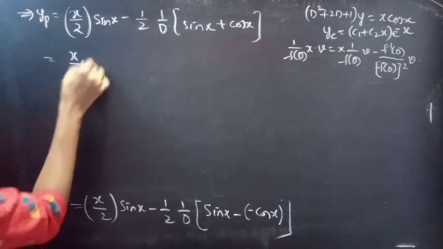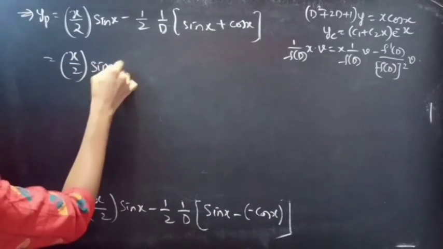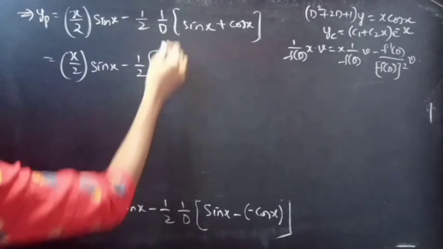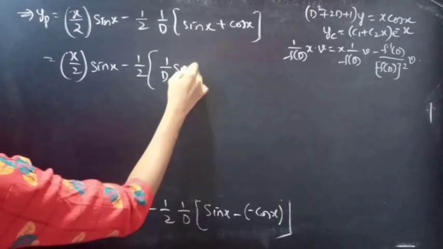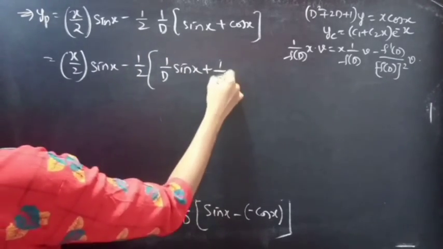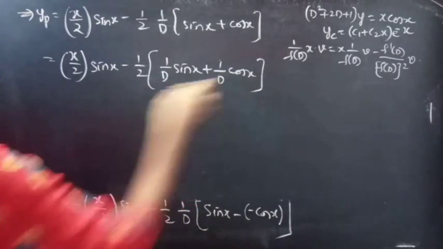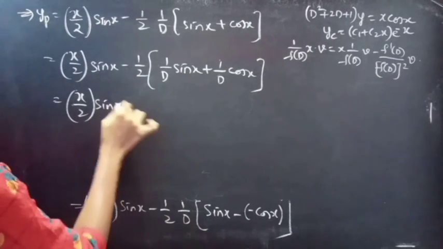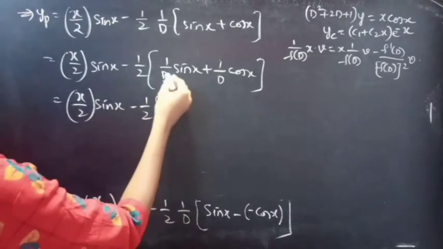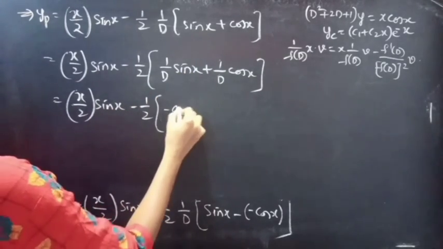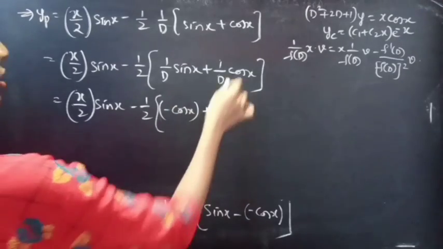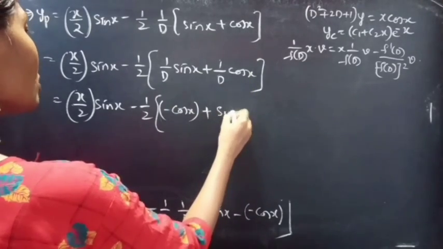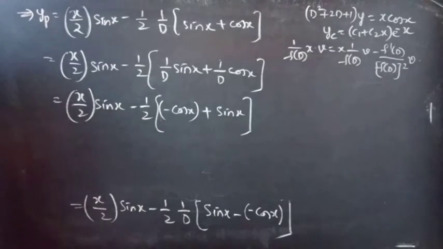Now operate 1 by d. We'll get x by 2 sin x minus 1 by 2 into 1 by d sin x plus 1 by d cos x. We know that 1 by d is an integral operator. Then we'll get minus 1 by 2 into integral sin x is minus cos x plus integral cos x is sin x, right?